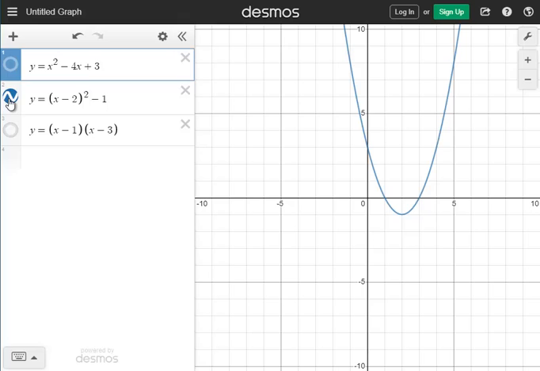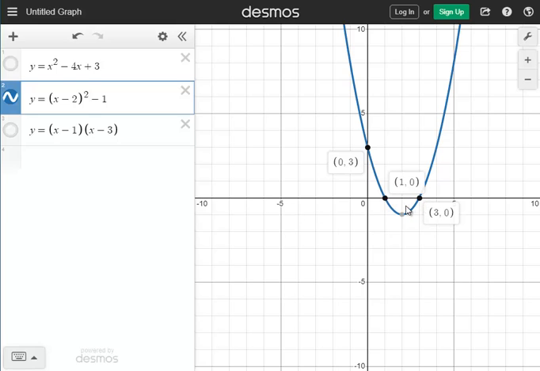Okay, still a parabola, right? But this time in blue. If I look at this one, a couple things I noticed about it is a little bit fewer numbers, right? There's just the 2 and the 1 compared to some of this other stuff. There's still a square, right? But let's look at some of these key points again. I look at the y-intercept, 3. I don't see the 3 here. I look at these, I see a 1 and a 3.